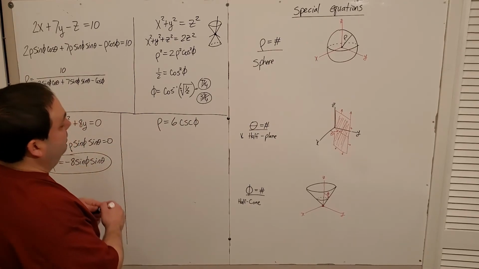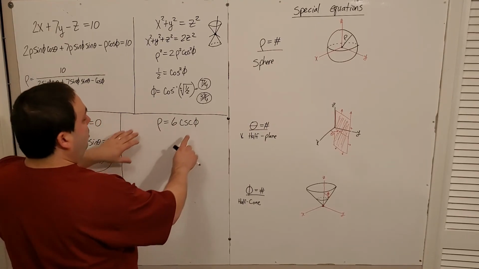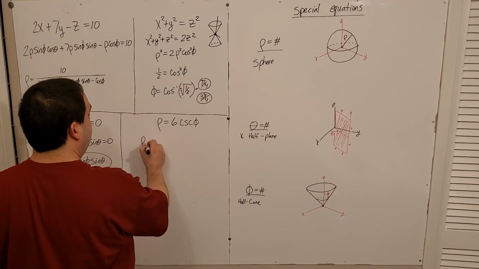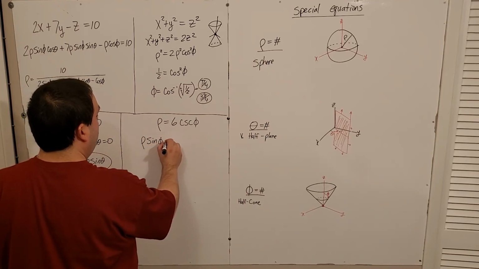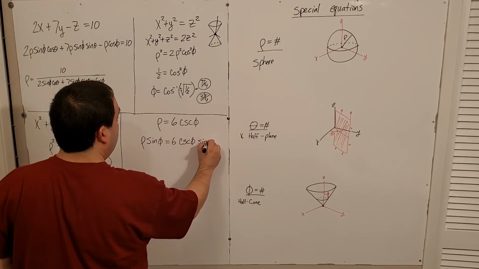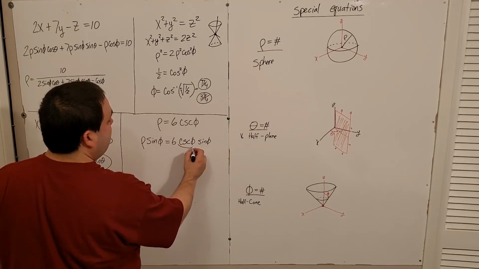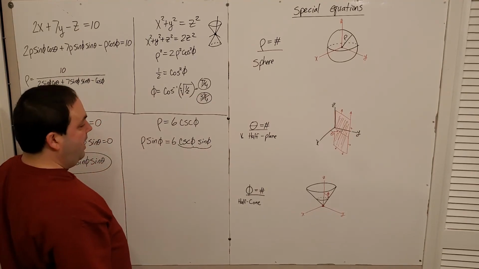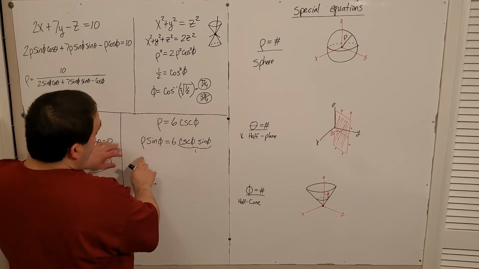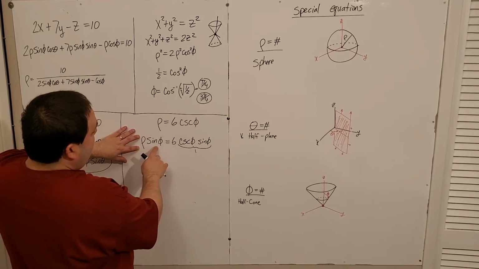So to do this one, I'm going to multiply both sides by sine phi. And since cosecant and sine are reciprocals when they're of the same angle, this is just 1. So 6 times 1, right? And then rho sine phi.